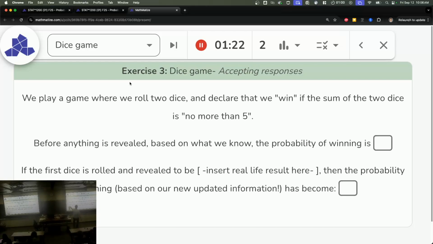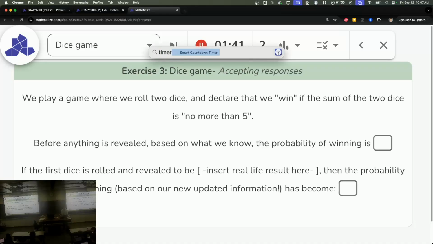So the first dice is rolled and revealed to be a 3. What is the probability we win now? So the probability changes from this number to this number. We revealed it to be a 3. I want you to try to calculate it based on what you know, what we've talked about, and the formulas. And if you can do it, then you'll have a good handle on conditional probability.